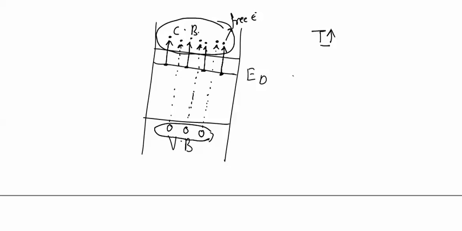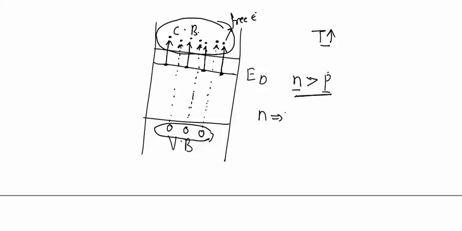So the electron concentration in the conduction band is far greater than the hole concentration in the valence band. In case of n-type semiconductor, the electrons which take part in conduction are far greater in number than the holes in the valence band. So we have seen that electron concentration is higher than hole concentration in n-type semiconductor.